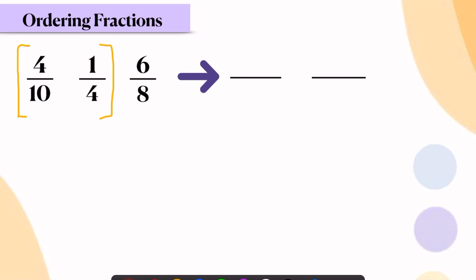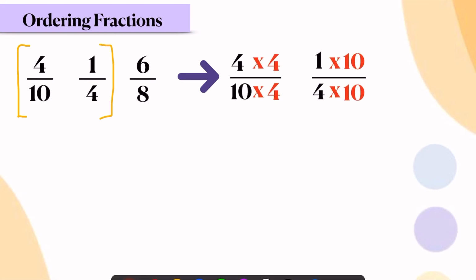How do I get 10 from 4? There's no way, right? 4 multiplied by what number is 10? There's no way. So, as I said before, what you have to do is multiply 10 by 4 and multiply 4 by 10, so you can get the same denominator. When you multiply 10 by 4, do the same thing with 4.